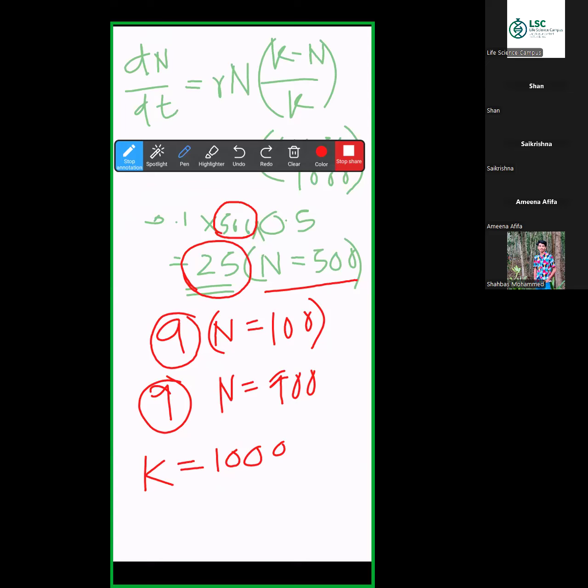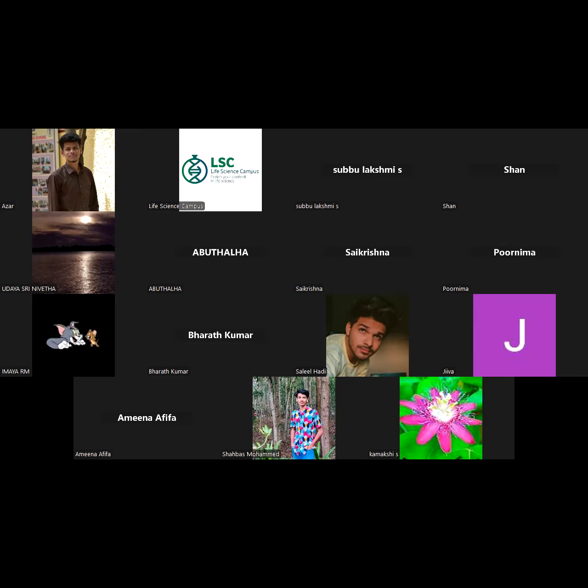So when the N value is half the carrying capacity, the rate of change of population size is maximum. Is it clear? When the population size is half the carrying capacity, then there is maximum population growth. Is it clear? Does anybody want me to repeat? Clear, ma'am.